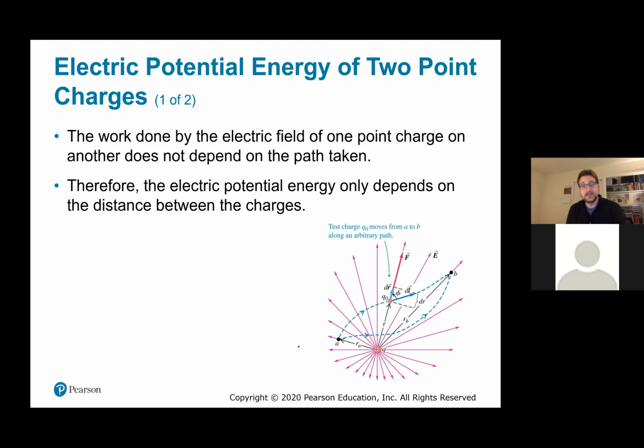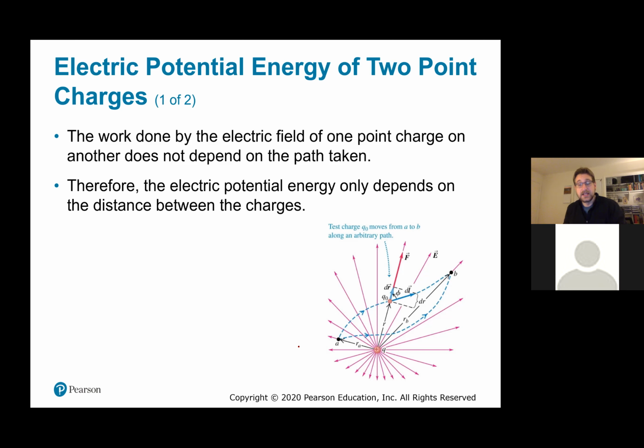Since the electric field is doing work that is independent of path, the electric potential energy only depends on the distance between two points. If we're talking about the work done on one charge by the electric field due to another, okay, fine. It's the work done by an electric field.